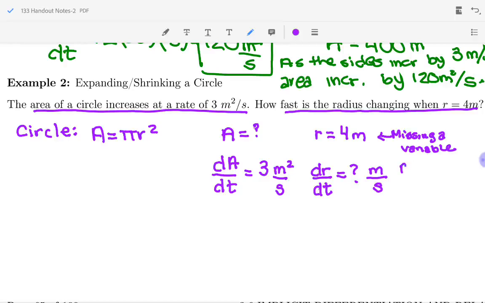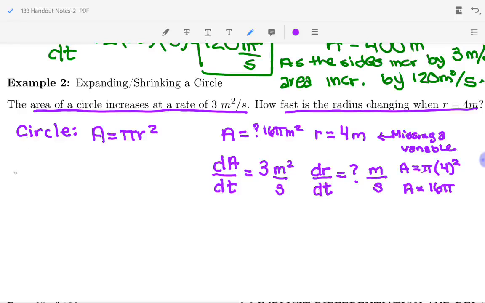So we would plug into A equals pi r squared. So my r is 4 squared. So the area right now is pi times 4 squared, so pi times 16, or 16 pi meters squared for the area. If we need it, we might not even use it though. We're trying to find dr/dt.